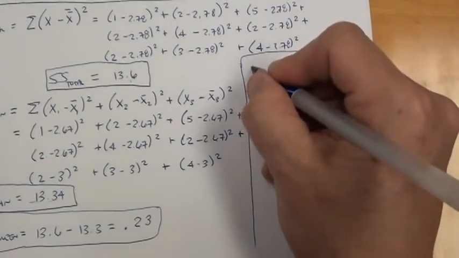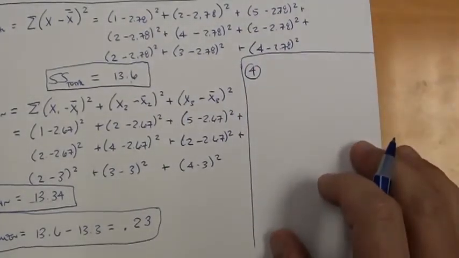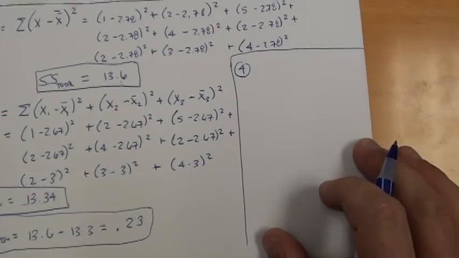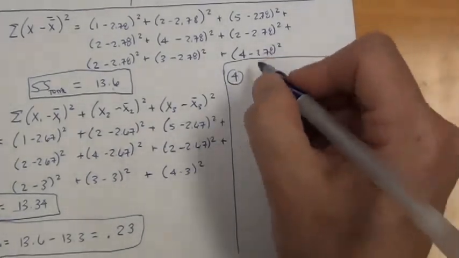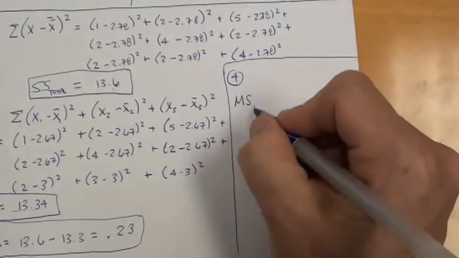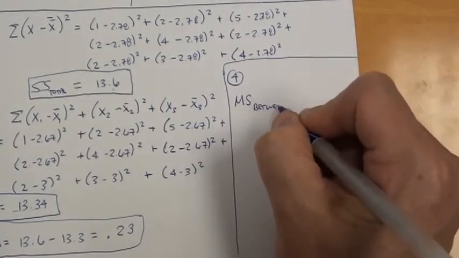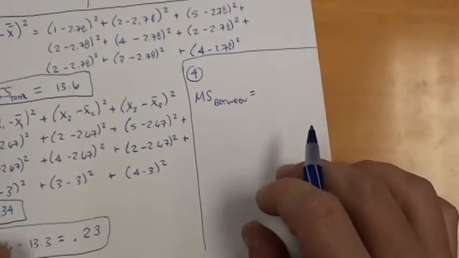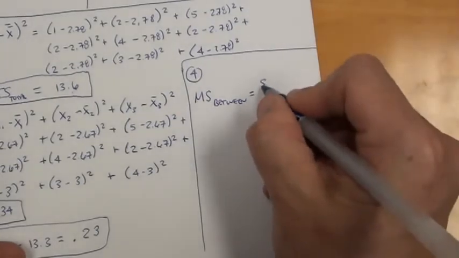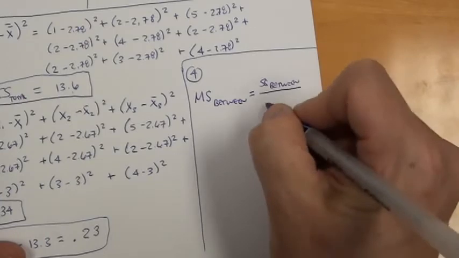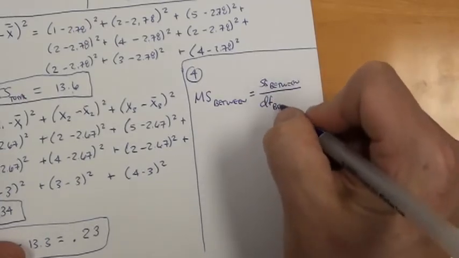Okay, so step 4. Now we need to actually calculate the variance between and the variance within. So essentially you're going to calculate first the mean squared between, which is essentially the variance between. And to do that, you're going to take the sum of squares between and divide that by the degrees of freedom between.